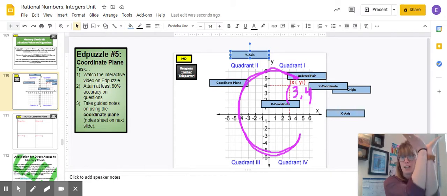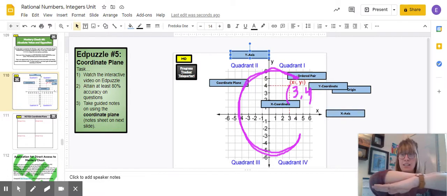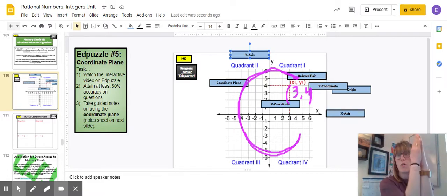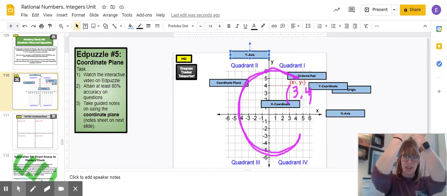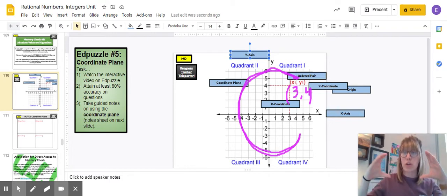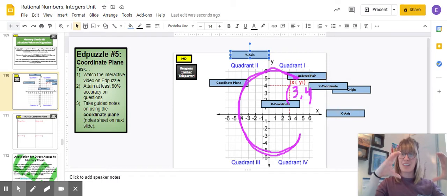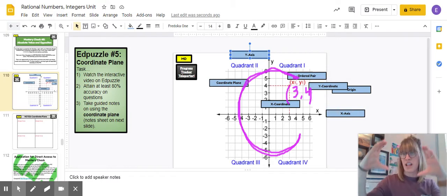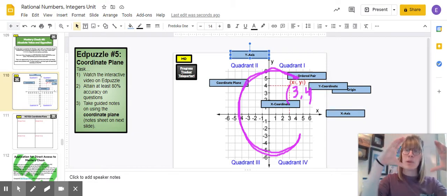See how my arms make the stick of the y and my hands make the two prongs. So with the x-axis, you go side to side. With the y-axis, you go up and down. X-axis, y-axis. They're the two axes, the two lines that intersect to make the coordinate plane. When you want to find a point, which is called an ordered pair, you can do a symbol like this to remember: ordered pair, two syllables, and it's in parentheses.